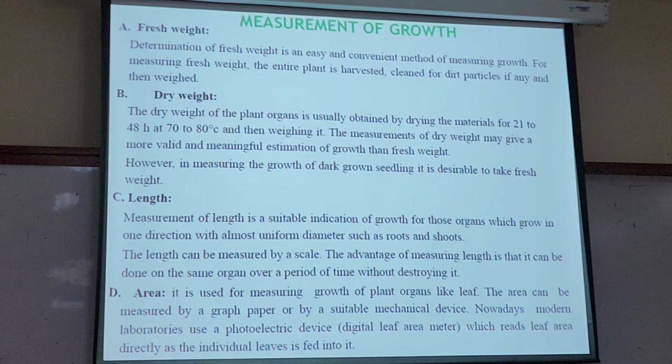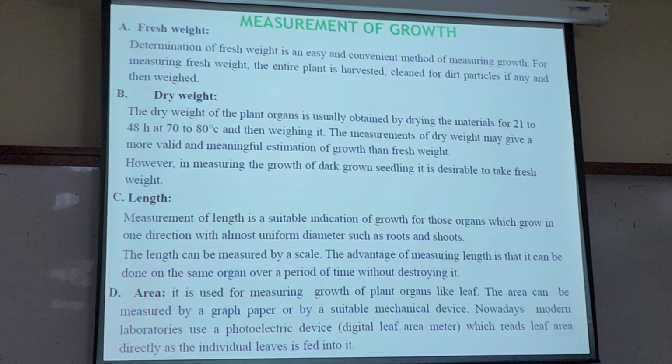Okay, so very quickly, these are the things that you can deal with while getting the growth parameters. You can get the fresh weight, dry weight, length, area. These are usually the basics. Fresh weight is you pluck, you weigh.